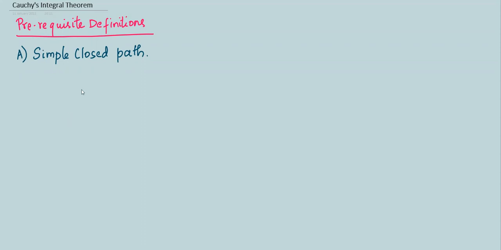So let's take examples. We know circle, of course. We have rectangle or a square. Then we can have of any arbitrary shape.